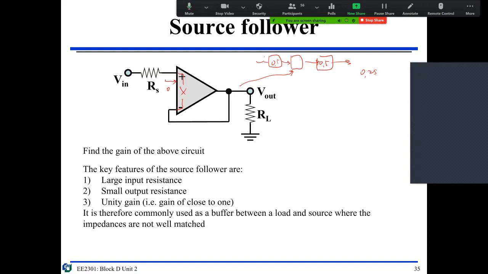Otherwise, as you experienced in quiz number 1 last week, you get 0.20. No surprise. So it is commonly used as a buffer between the load and the source. The impedances are not well matched. Once you put this guy in, then it's matched. Okay, you have worry free.